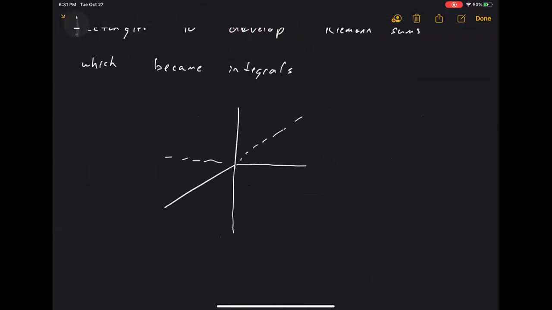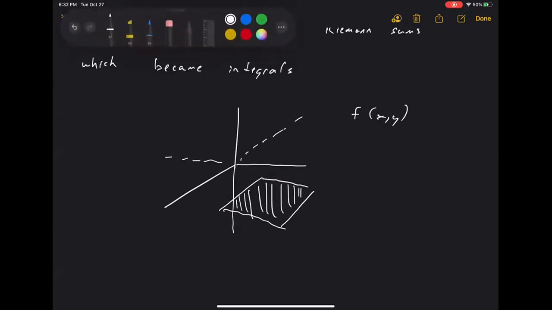Let's say I have some function f(x,y), and I want to consider the volume beneath the curve on this rectangular region. So we start out by considering this rectangular region, right? And let's say my function looks something like, whatever.